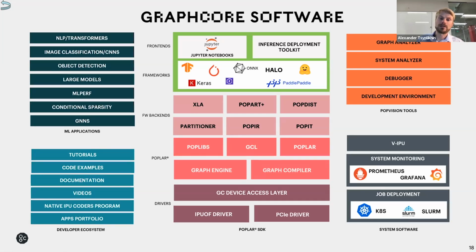Basically the idea is to help you get as much visibility as possible into what's happening on the IPU and on the CPU as your graph is executed. And then at the system level, we integrate with other monitoring tools and orchestration frameworks like Slurm, for example, which is used on the BowPod64 at Argonne ALCF.